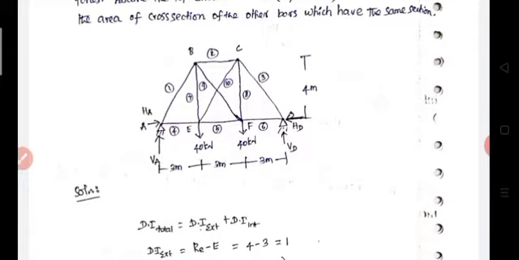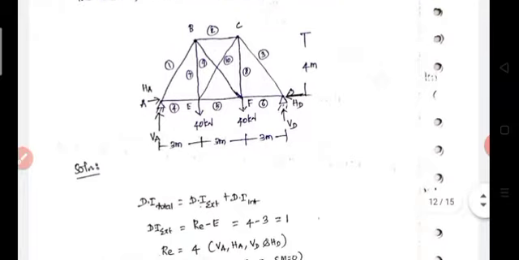Therefore we select one redundant from the support reactions and another from the internal members. From the external, I take HD as a redundant. From the internal members, I choose member 10 as a redundant.